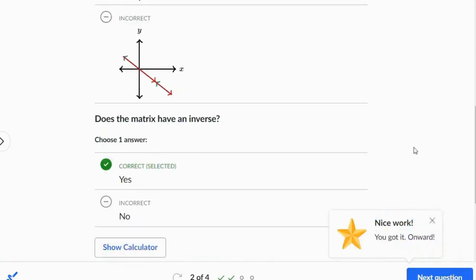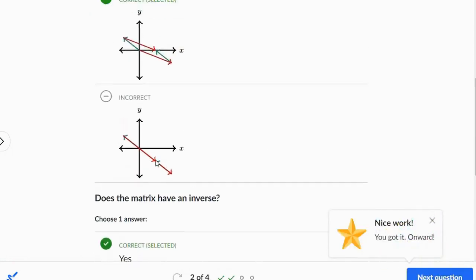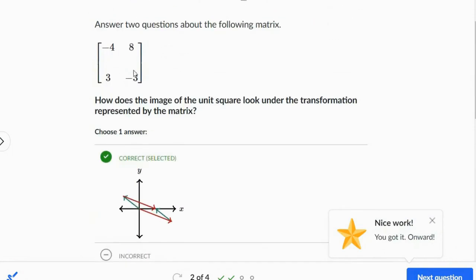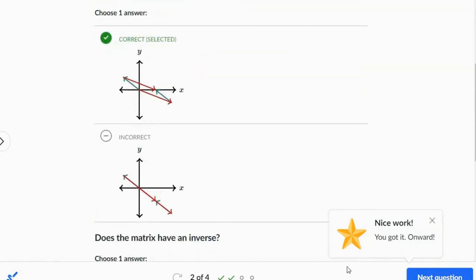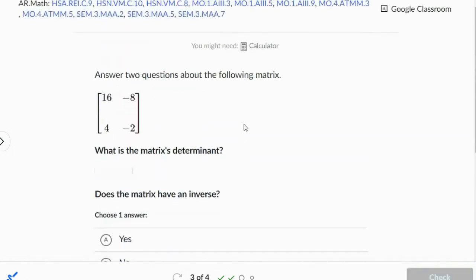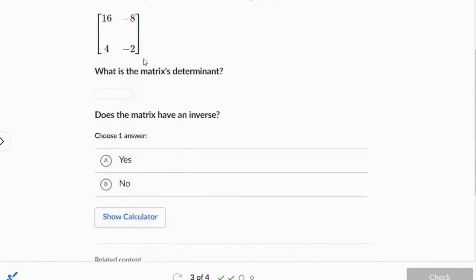Check. So that's why it helps to know what he was talking about with vectors. Because if this equals 0 when we calculate it, it must be this one. This one just has you figure out what is the determinant. Negative 32 minus a negative 24.